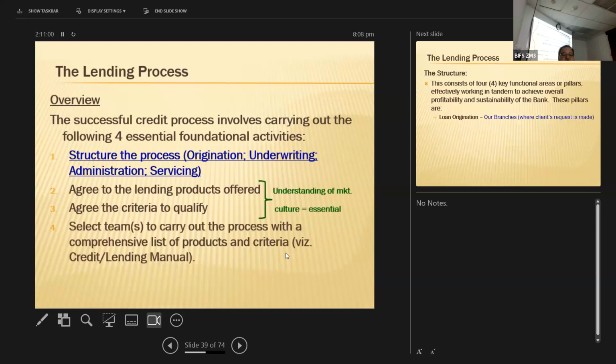Fourthly, you must select the team to carry out the process with a comprehensive list of products and criteria. Again, that's going back to what I said about 2 and 3. Those items will be included in your credit or lending manual. And 2 and 3 requires that whoever's making the decision on 2 and 3 have an understanding of the market culture.